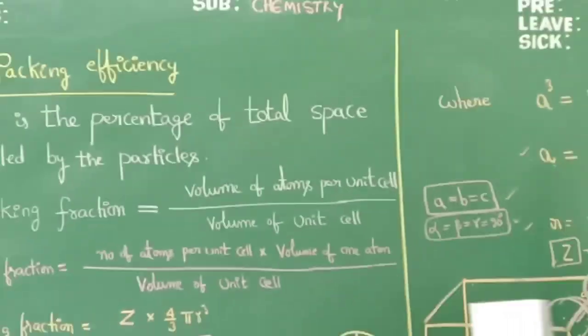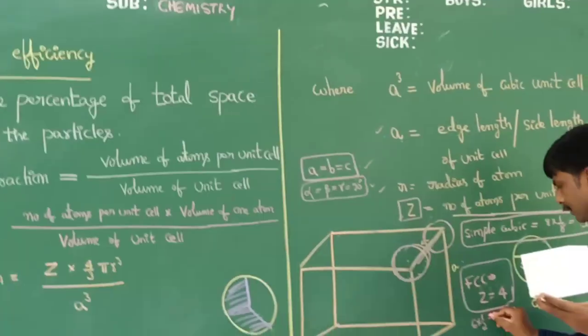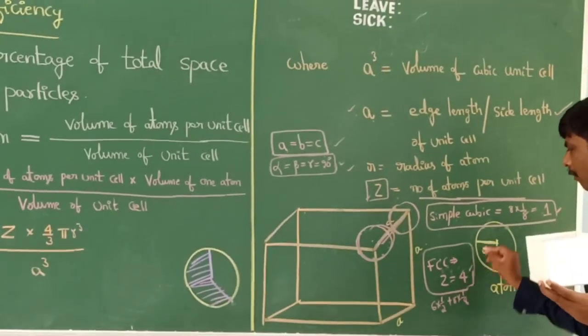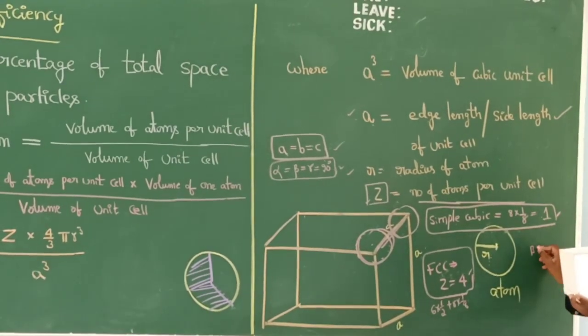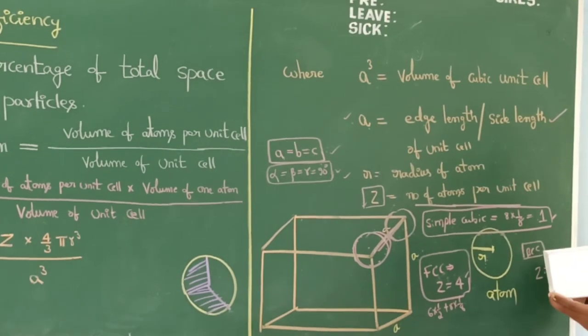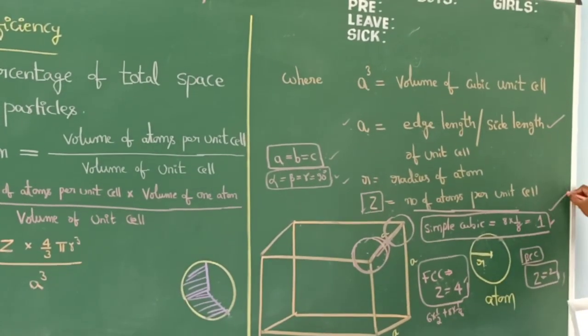So per unit cell, 6 face centers, 6 into 1 by 2, plus 8 corners, 8 into 1 by 8. So total 4. Similarly, for body-centered cubic, what is the value of Z? 2. You have to remember, for simple cubic, the Z value is 1.